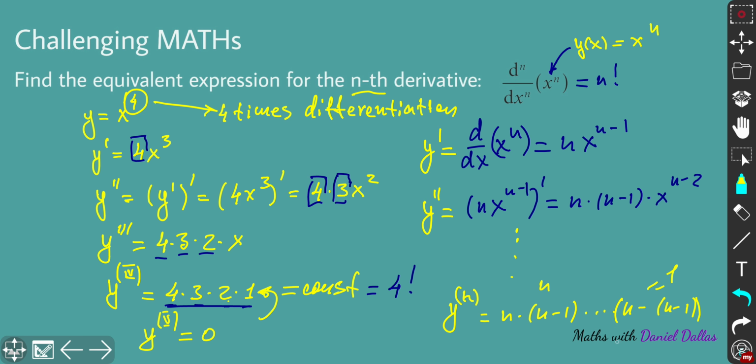That's our stopping point, and that means the nth derivative will finally give us n factorial. That's why n factorial is the alternative expression for that. Okay, that was a little proof, but that definitely is challenging math, or complicated problems.